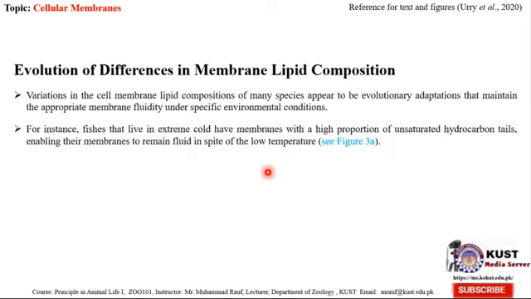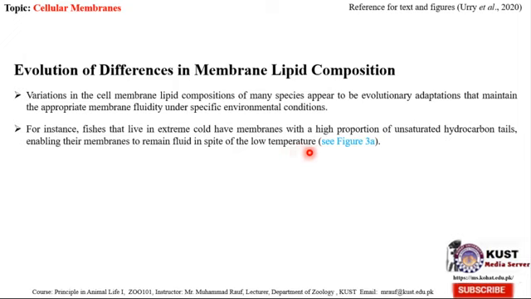Now, for instance, the fishes that live in extreme cold environments have membranes with a higher proportion of unsaturated fatty acids with the bent tails, enabling their membranes to remain fluid in spite of the low temperature.